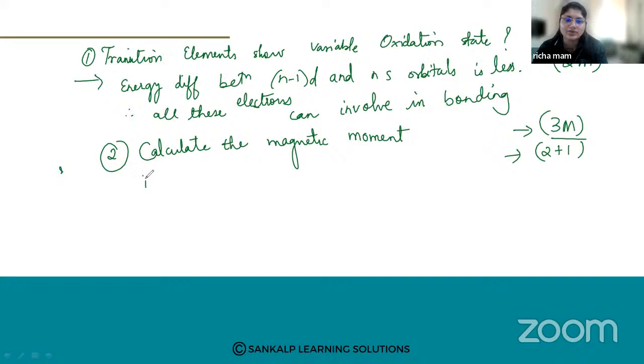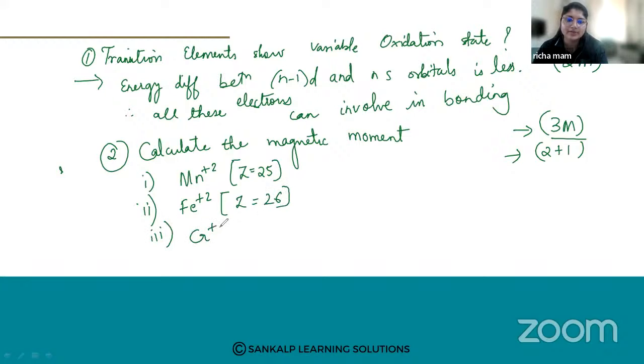First, Mn plus 2, atomic number 25. Second, Fe plus 2, atomic number 26. Third, chromium plus 3, atomic number 24. Then titanium plus 3, atomic number 22. Find out.